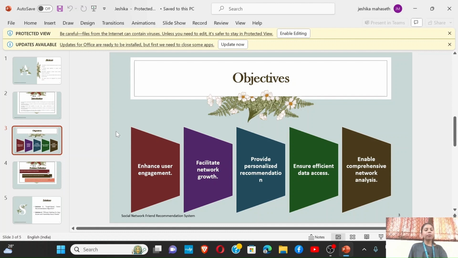This is achieved through efficient data access and comprehensive graph based analysis, ensuring users connect with relevant individuals based on mutual connections, interests, and behavior, ultimately enriching the user experience and expanding the network.